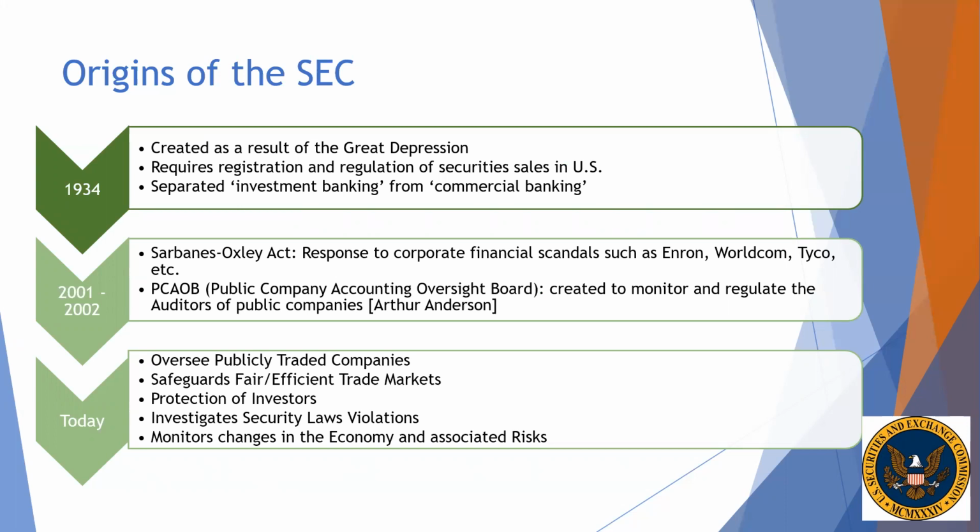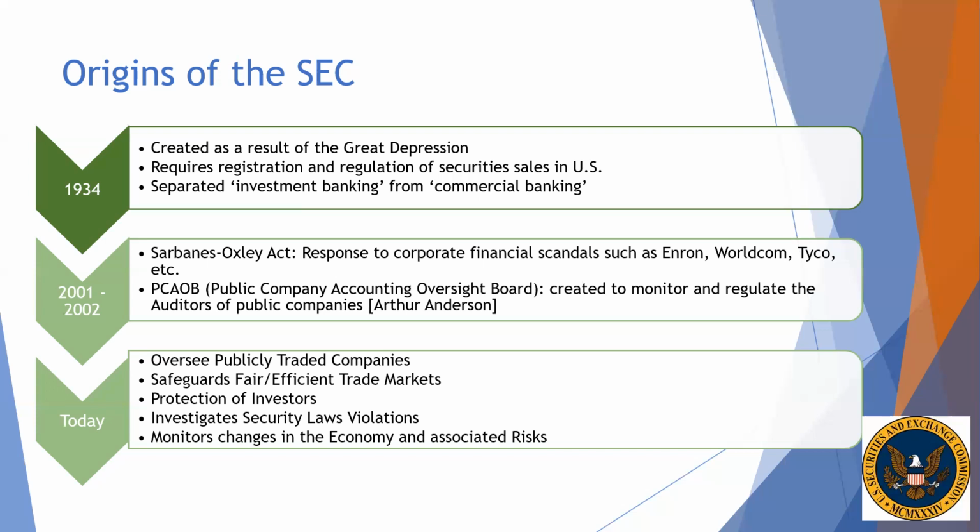And it requires the registration and regulation of all securities that are traded and sold in the United States. In addition, the SEC was formed to separate investment banking from commercial banking. So we had two separate sets of banking, and we had protections set up on those commercial banking deposits.